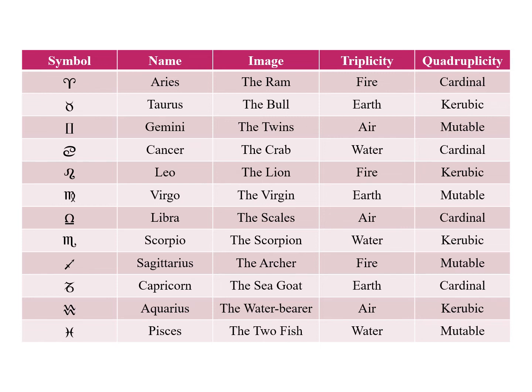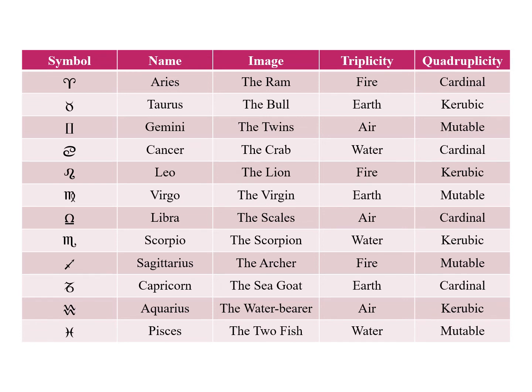And here you can see that the triplicities go in a specific order. Aries is fire, Taurus is earth, Gemini is air, Cancer is water. And then it starts over again with Leo is fire, Virgo is earth, Libra is air, Scorpio is water. And then it repeats. So the triplicities always go in that order: fire, earth, air, water.